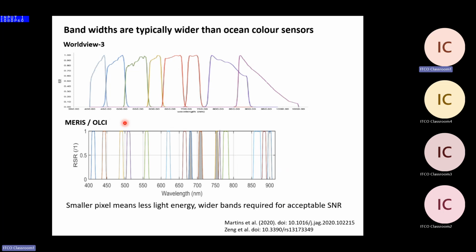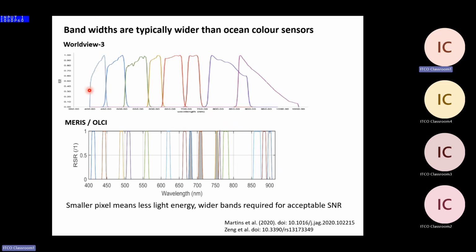That's partly a physical constraint, because if you go to smaller pixels, you're looking in a smaller solid angle, so you get fewer photons. So you have to make the wavelength band wider in order to get enough photons to reach an acceptable signal to noise ratio. But the signal to noise ratio will still not be as high as with your ocean color satellites.